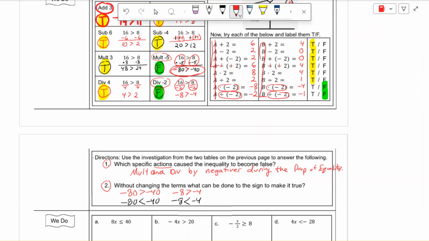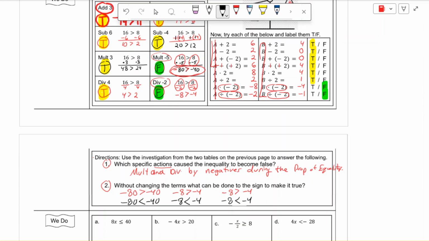Over here on the scales of justice, -8 and -4. We were saying that -8 was greater because that's the heavier A side. Well, that's wrong. If we leave -8 there and -4 here, we turn the sign around. Now it's true again.